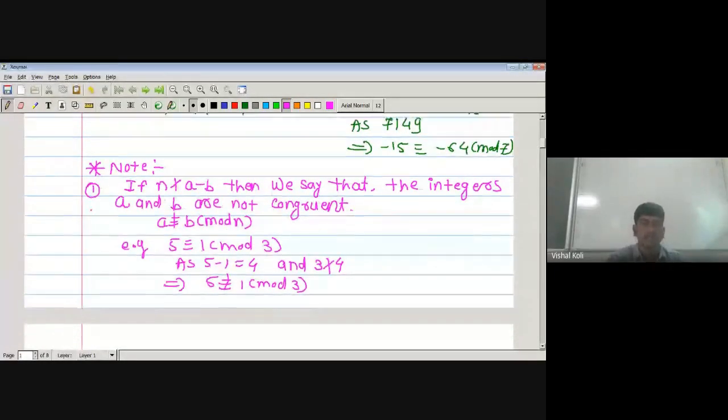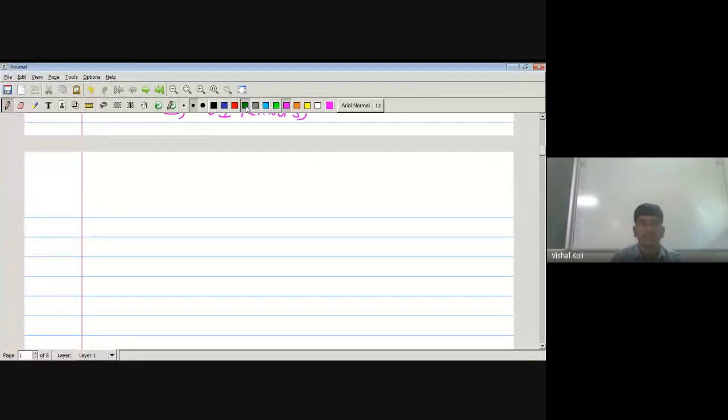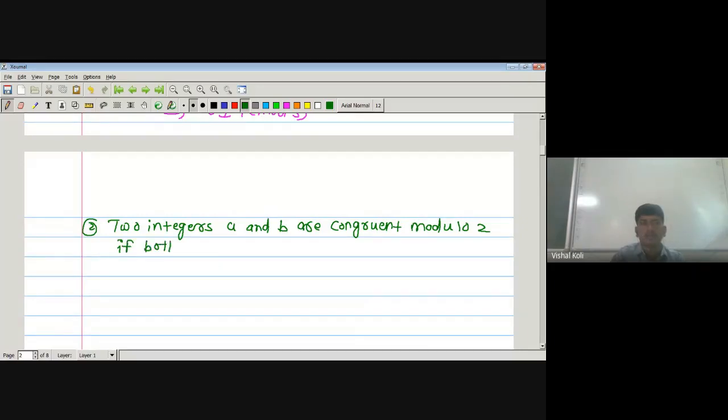Let us take the second one. Two integers a and b are congruent modulo 2 if both a and b are either even or odd.